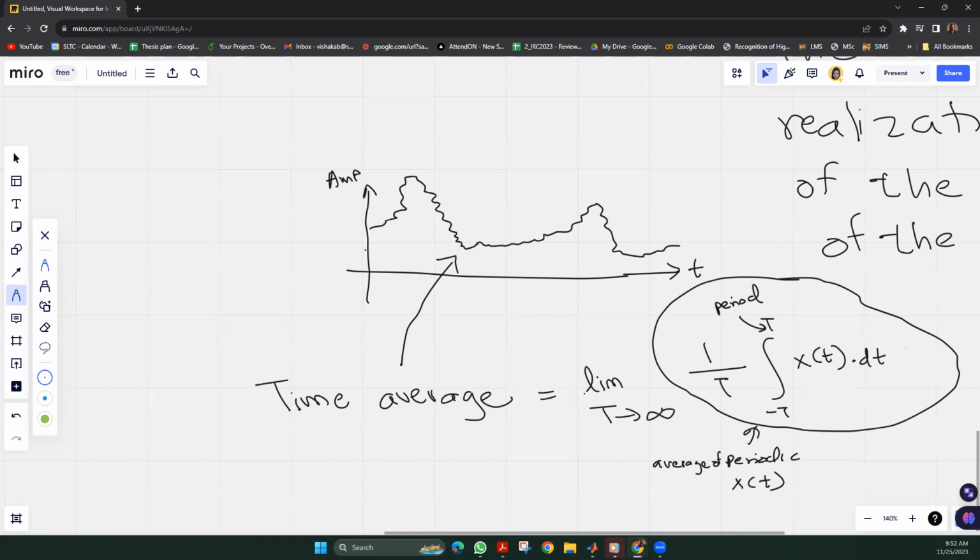But what it means is that we can consider any signal which is not showing any pattern, that its period is infinity.